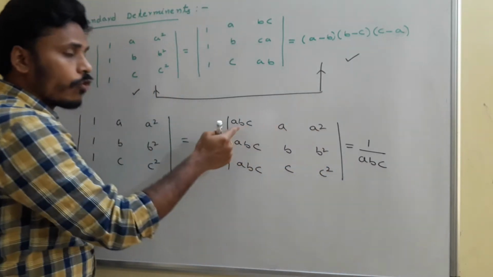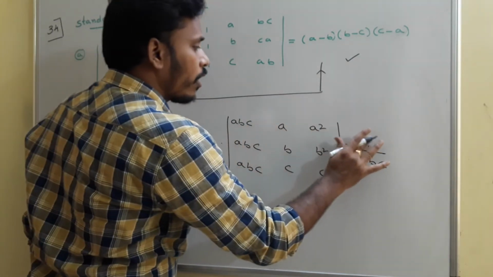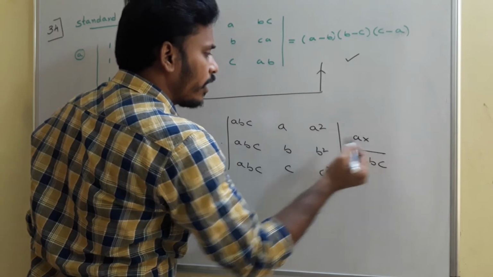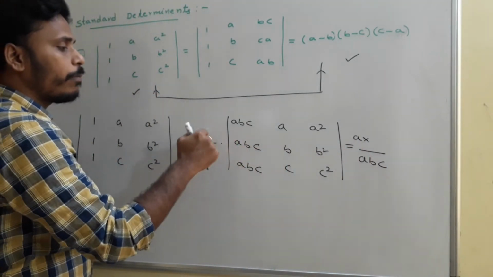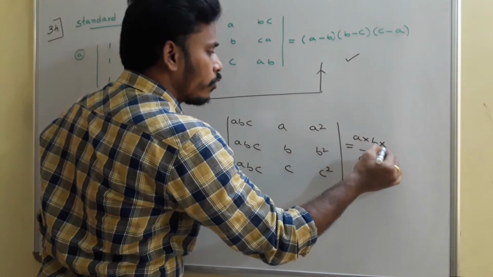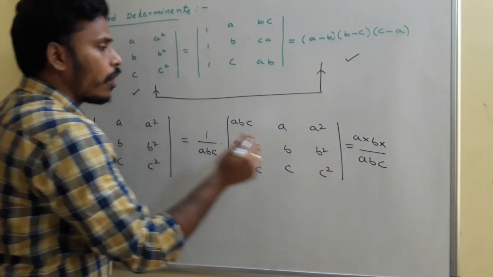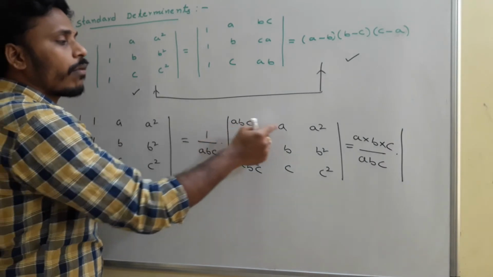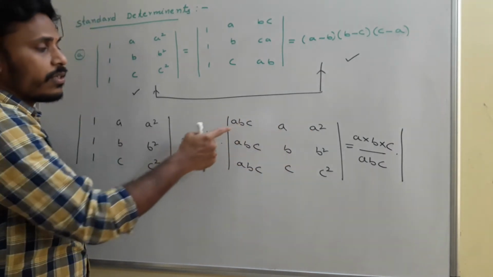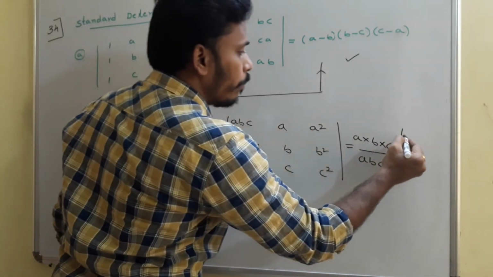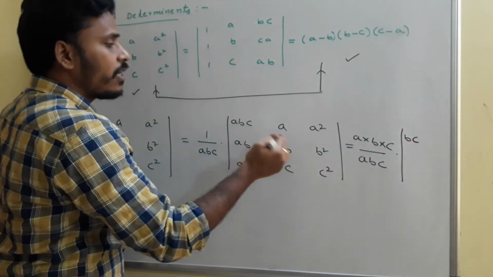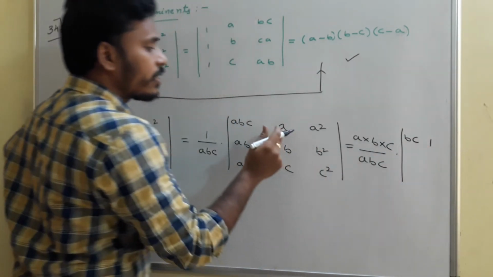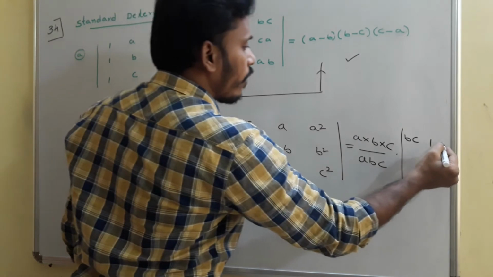But from the first row we are writing A out, so you just write it in the numerator, A into. And from the second row write B out, so B into. And from the third row write C out, into C into the determinant of, just have a look. Here from the first row I wrote A out. Since A is out, we are left with what? BC. And since A is out, we are left with 1. And since A is out from A square, you are left with A.